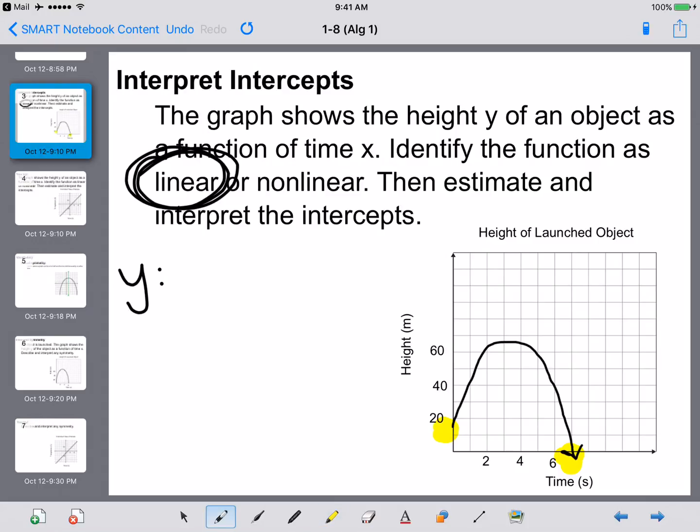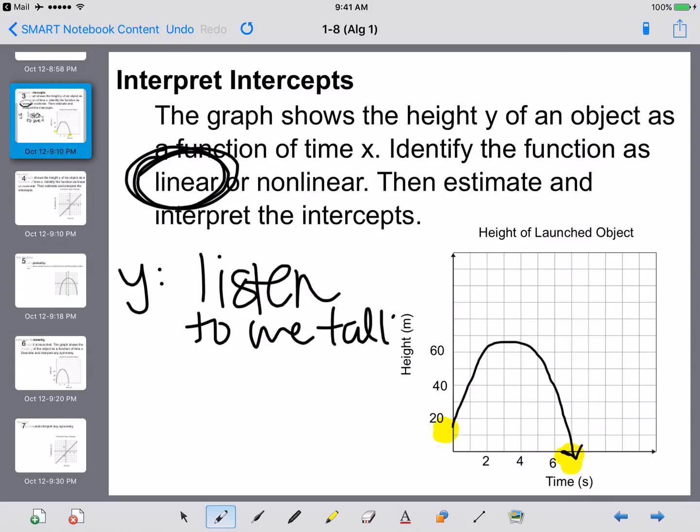So our y-intercept is telling us that... I'm just going to write that you need to listen to me talk to know what I'm saying. You should write this out, but for me to be able to write on this iPad doesn't work out so hot. So our y-intercept says that when we start, because our time is 0 seconds, our object is already about 15 feet or meters off of the ground.